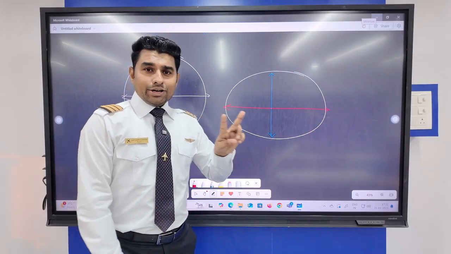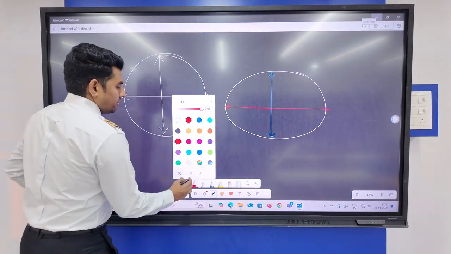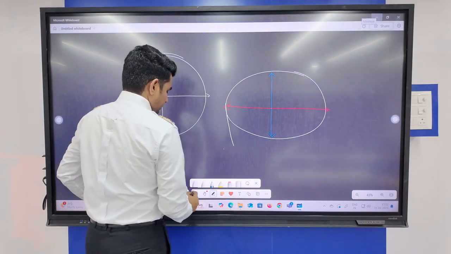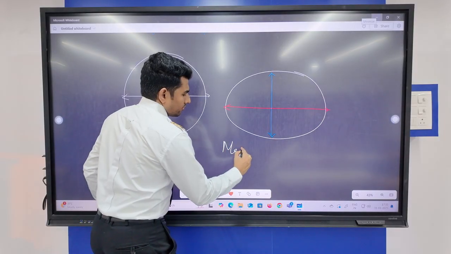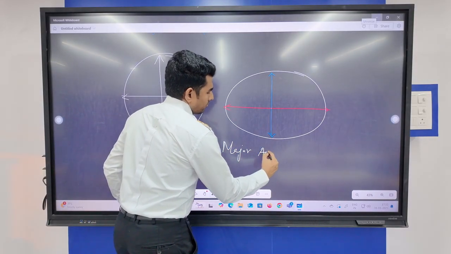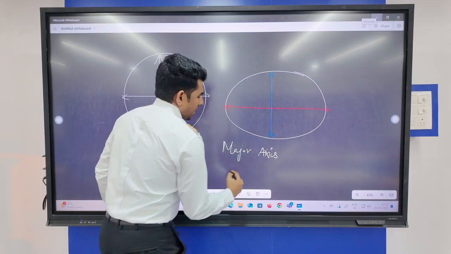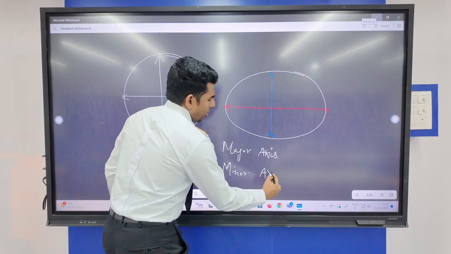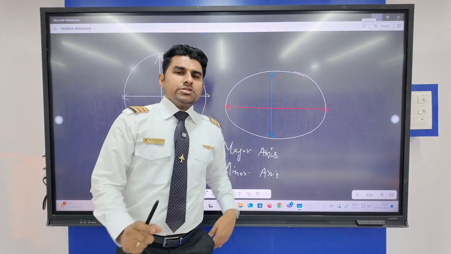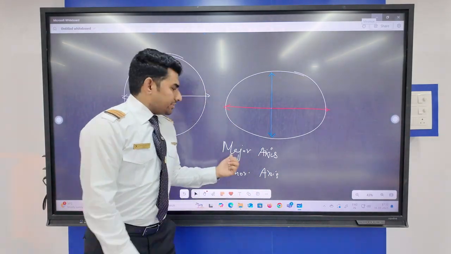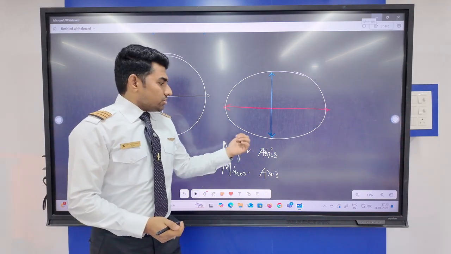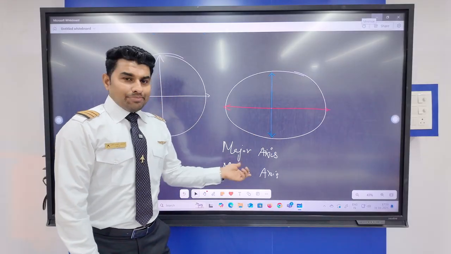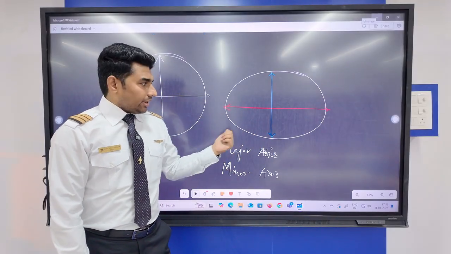So it ends up creating two axes. One is called a major axis, and one is called a minor axis. As the term suggests, the one which is smaller is called a minor axis, and the one which is longer is called a major axis. So the equatorial axis is the major axis and the polar axis is the minor axis, right?